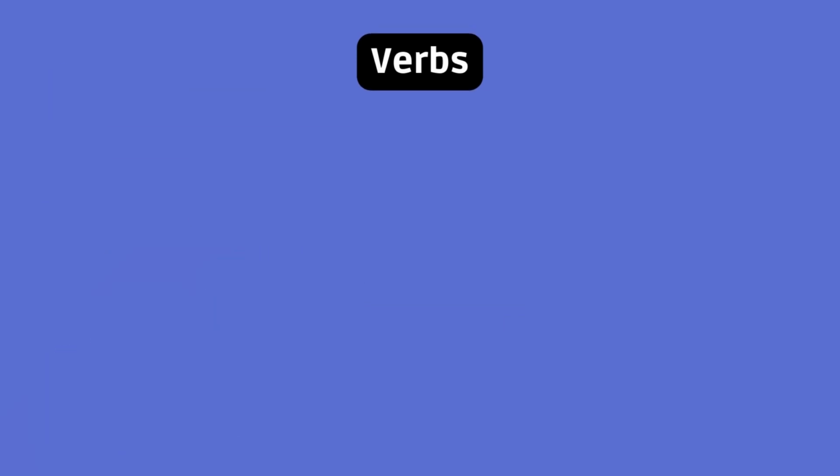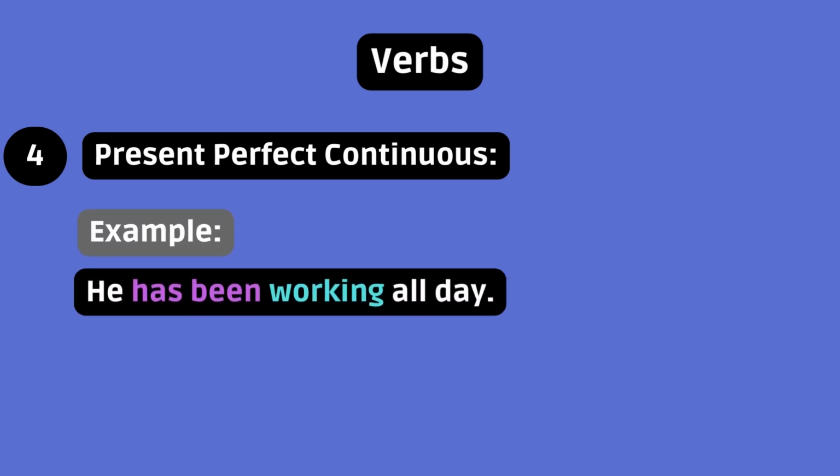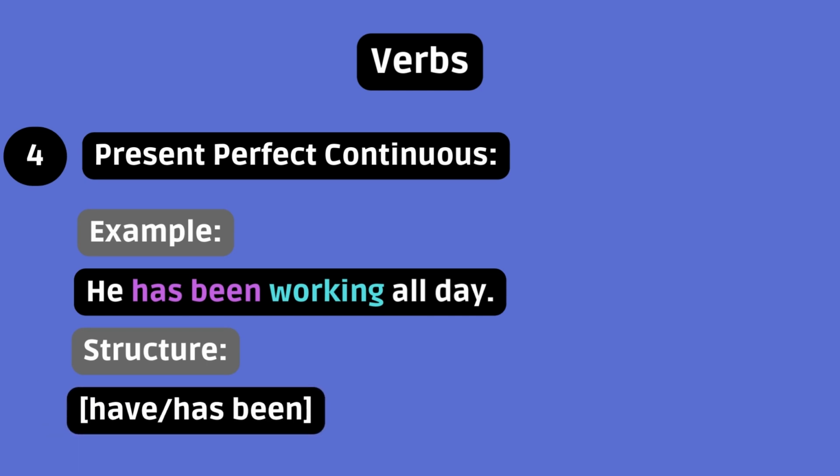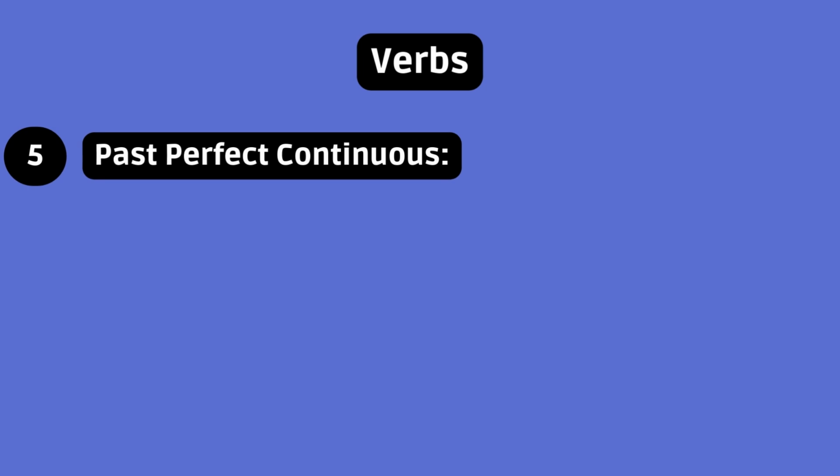Present participles are also found in perfect continuous tenses. Present perfect continuous. Example: he has been working all day. The structure is have or has been plus present participle. Past perfect continuous.